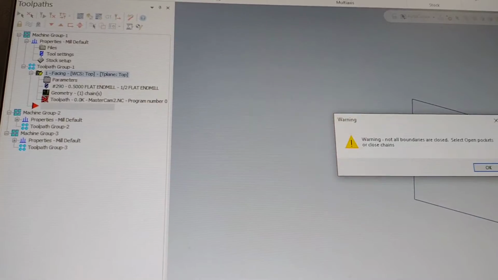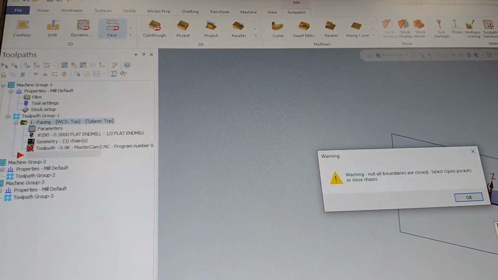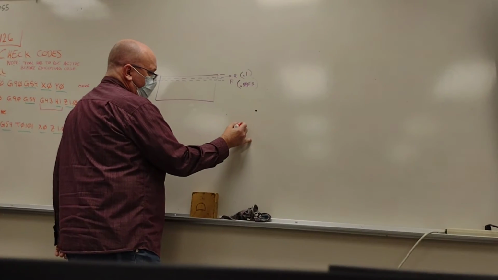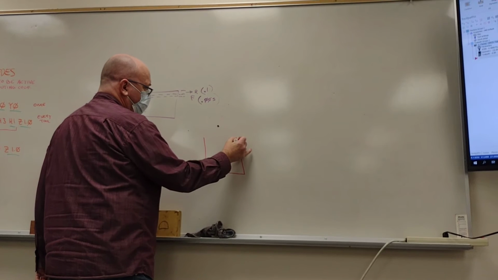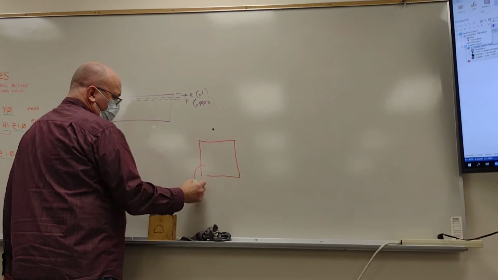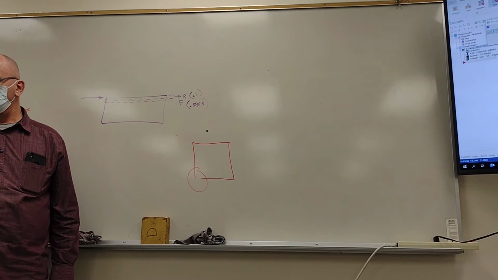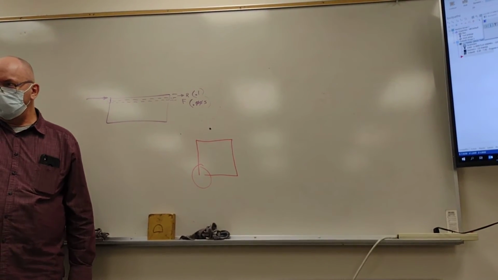Well, it's acting like the lines don't touch. If you draw your 4 lines to do the toolpath, and you have somewhere where the lines aren't touching, it won't create a proper toolpath.